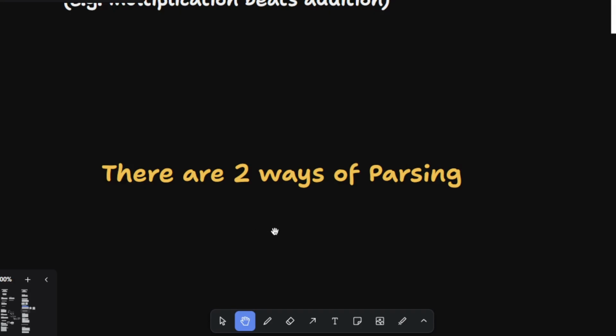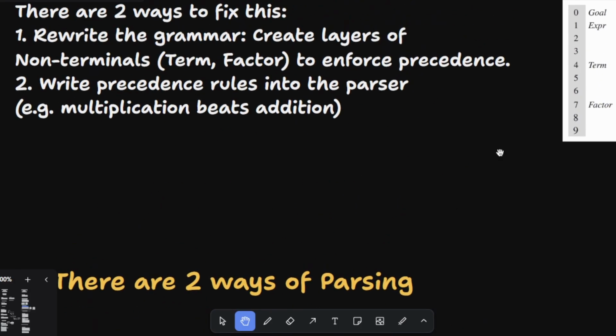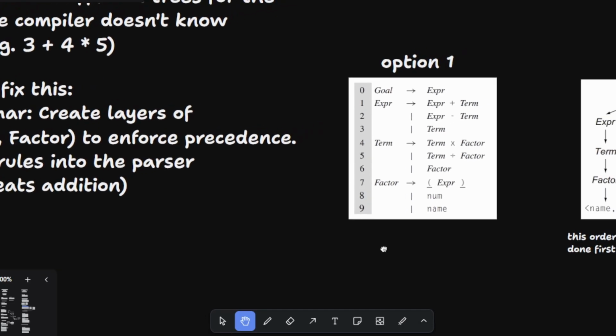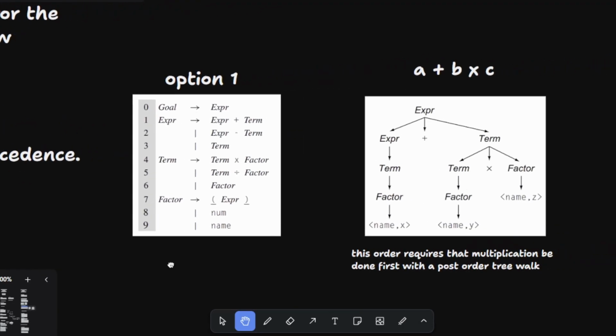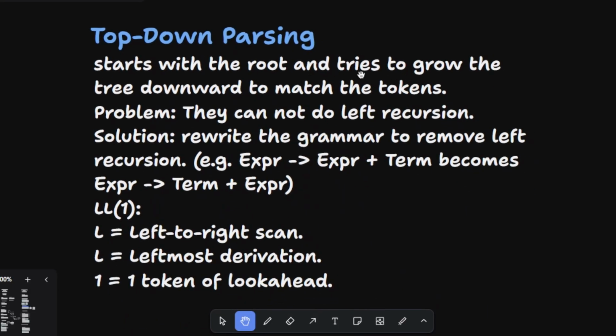So there are two ways of parsing. We know how the grammar works, and we know what the tree should look like, but there's two ways of parsing it. We have top-down parsing, which starts with the root and tries to grow the tree downward to match the tokens. The problem with this, though, is that it cannot do left recursion. But there's an easy solution.